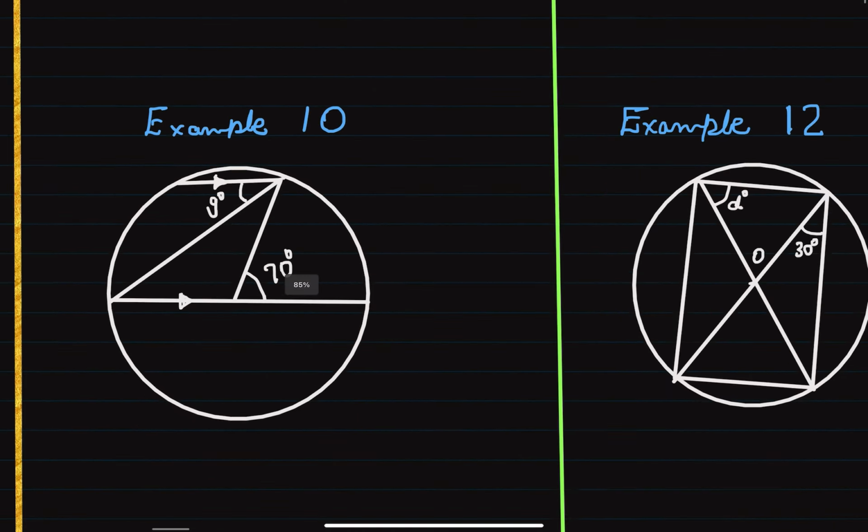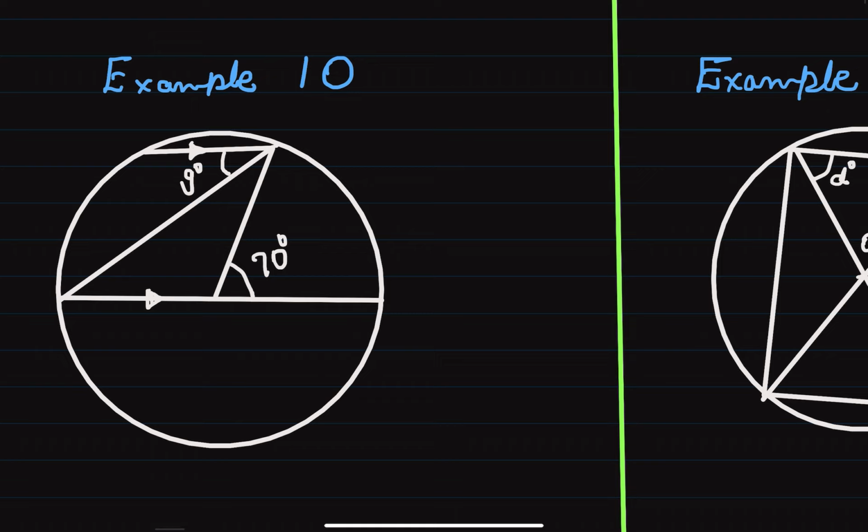Look at example 10. We need to work out this angle G. I know that if these two sides are parallel, and this is G, then these are alternate angles. This should all be G. And this is a radius. This is also a radius. So if this is G, then this should also be G. And if this is 70, then this angle, actually you can find out what?